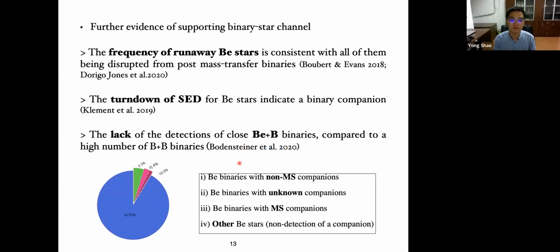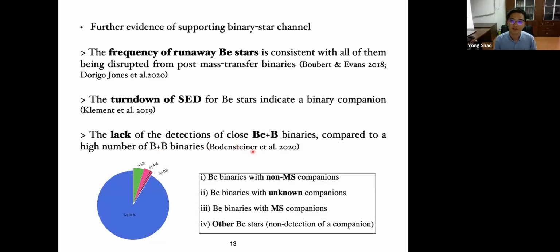Single stars can also produce B stars. We expect that some B plus B binaries should exist when one of the two B stars evolves to be a compact object.